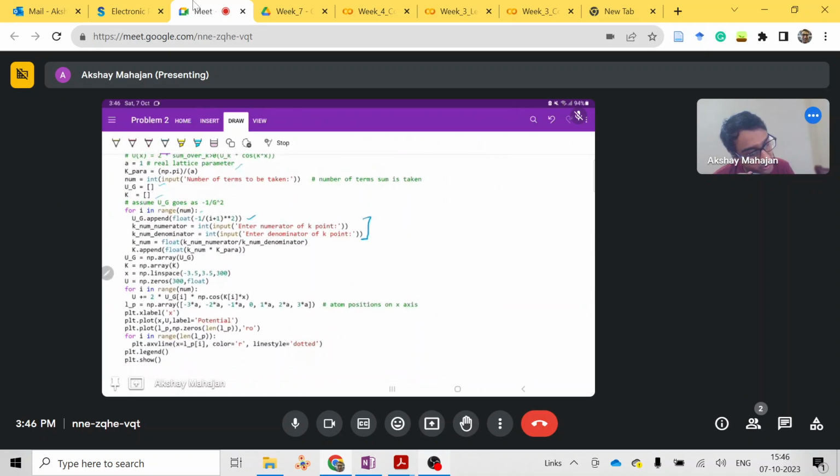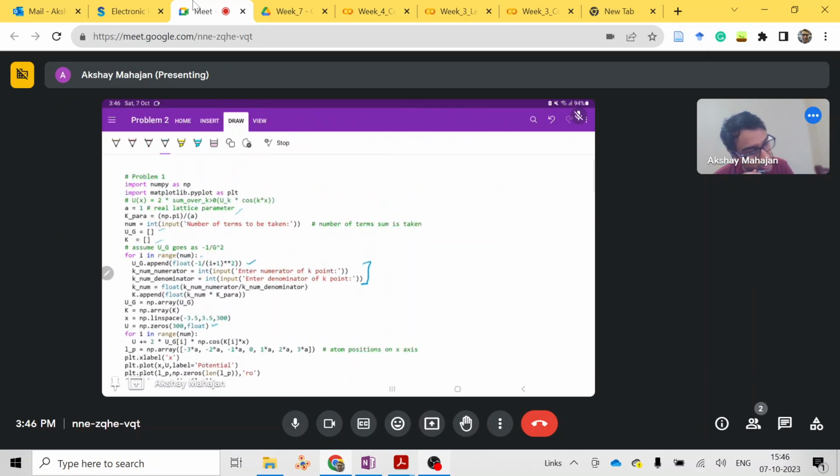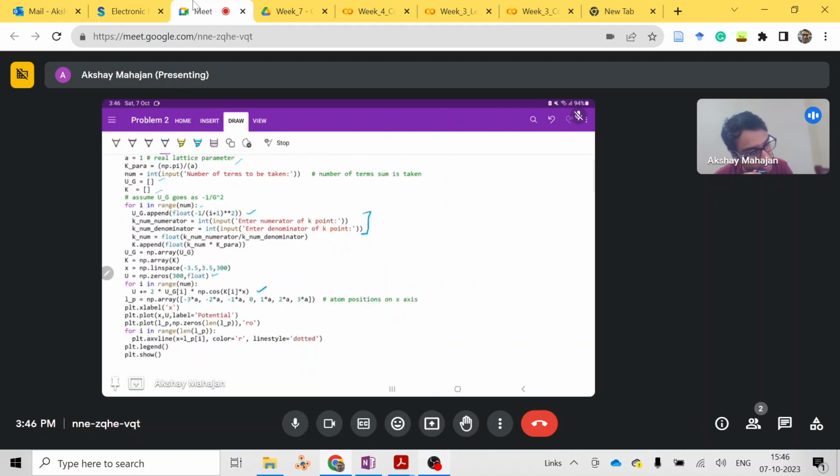Then we take the ug values and make them arrays. Here is where we store our potential. I write my potential as this expansion: 2 times whatever my coefficient is times cos kix. This is how I write the potential.